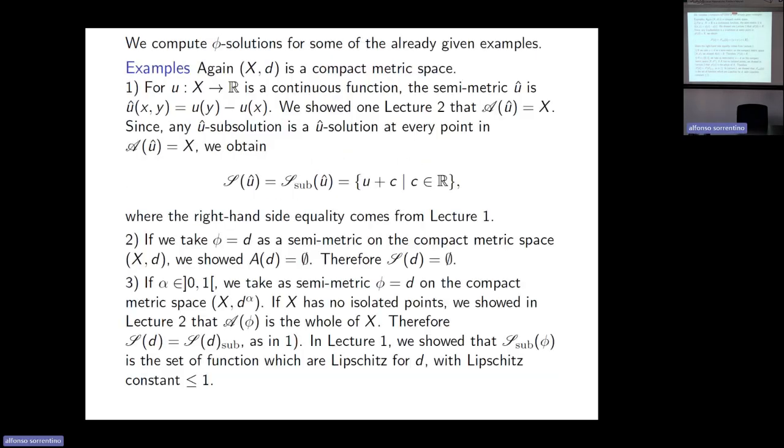Now, the last example is again, we take the semi-metric is d, but the distance is d to the power alpha for some alpha positive. If x has no isolated point, we showed that the Aubry set is the whole of x.